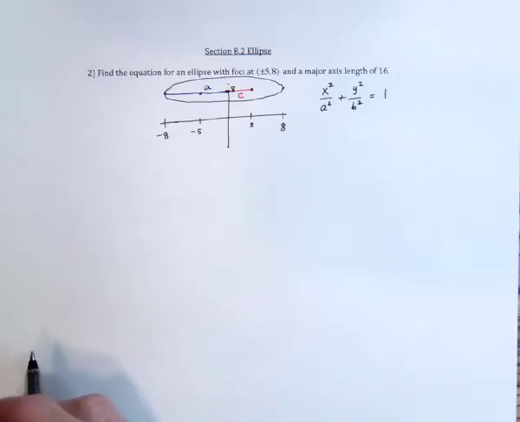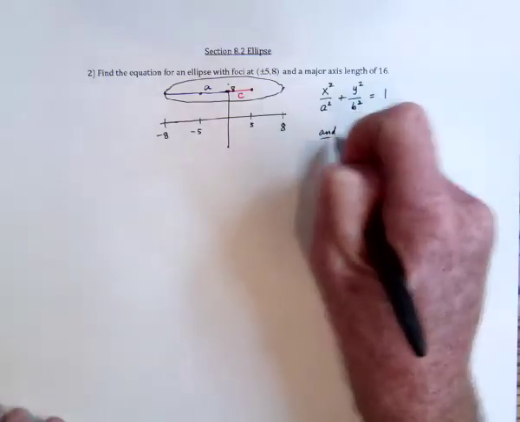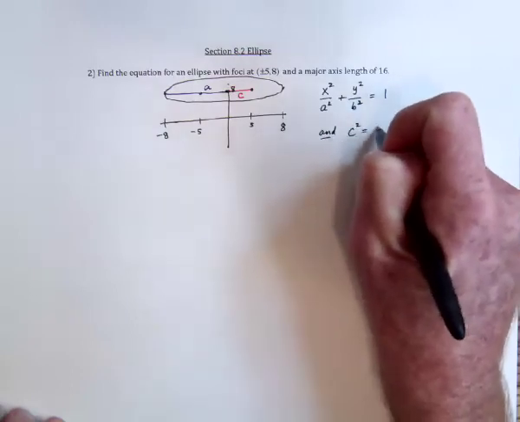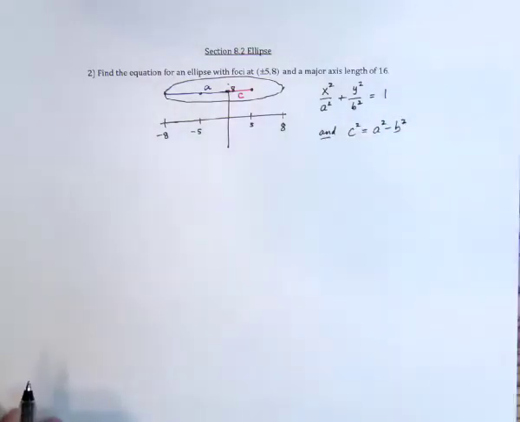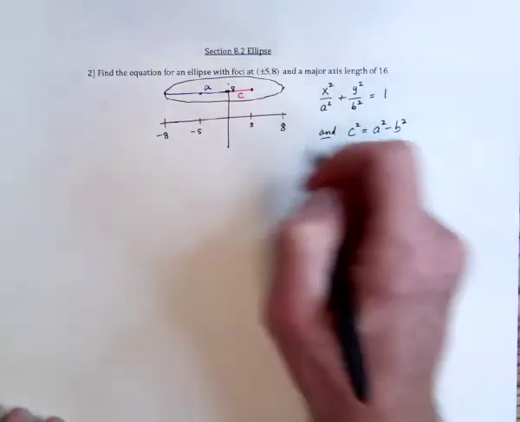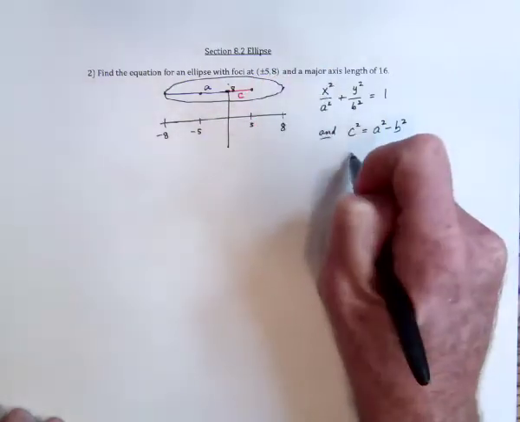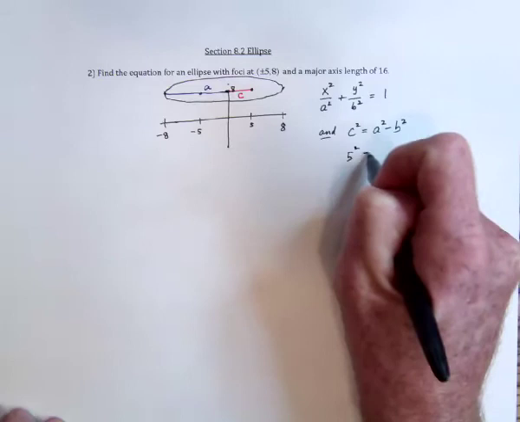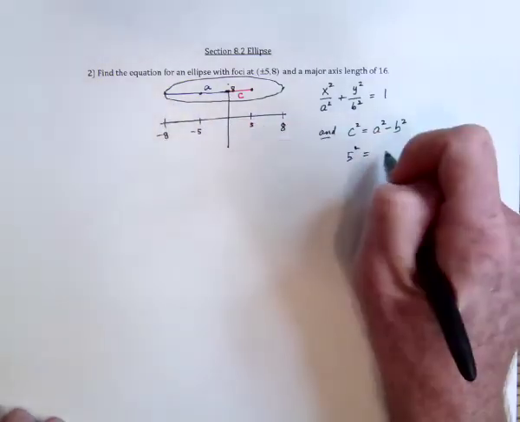So we need to find out the B. Well, that uses the formula that C squared is equal to A squared minus B squared. And we've got the A and the C, so we can use this to find the B. So the C is this distance, which is a length of 5. The A is from the middle out to the end, which is a length of 8.